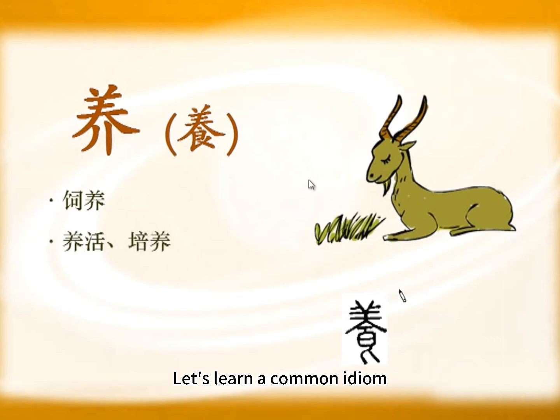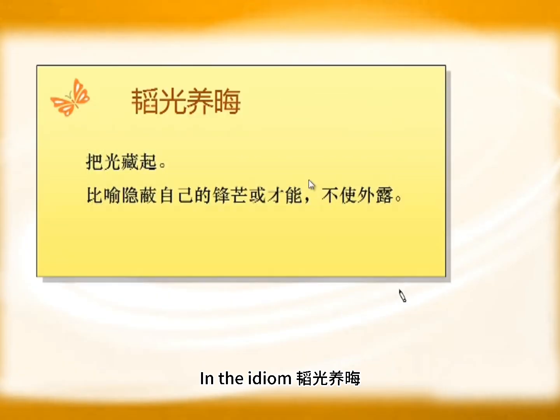Let's learn a common idiom called 韬光养晦. In the idiom 韬光养晦, 韬 means sheath. Case, like a sheath or cover. Here it means concealing something. 晦. When we discussed 每 earlier, we mentioned.